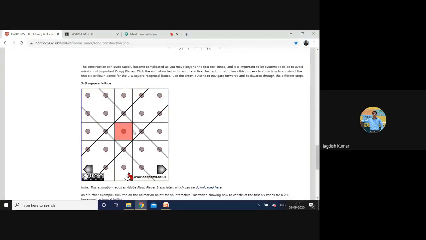This full triangle, this full triangle, this full triangle here, this full triangle, all these 4 triangles constitute our second Brillouin zone. Why not this one? If I have to go from the first Brillouin zone to this area, I have to cross a Bragg's plane 2 times, one time here, second time here. So this is not the area of the second Brillouin zone. This whole area is called the second Brillouin zone.